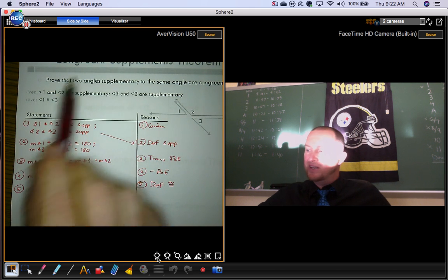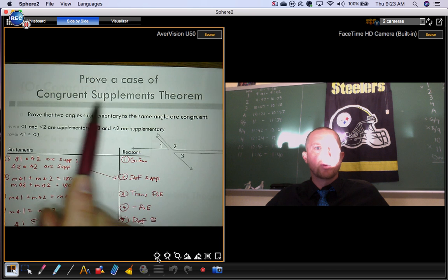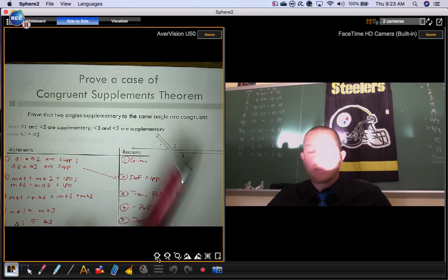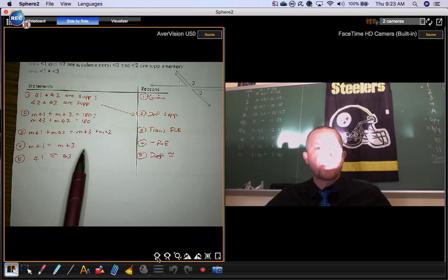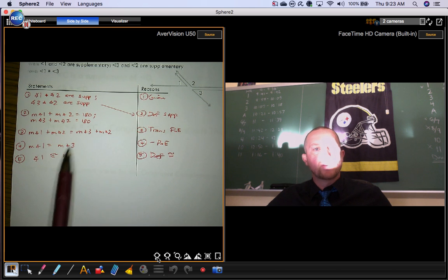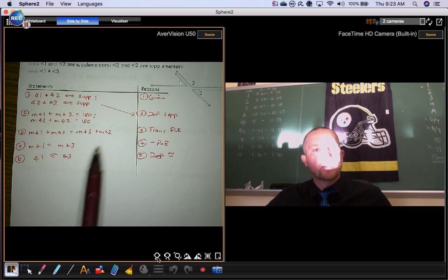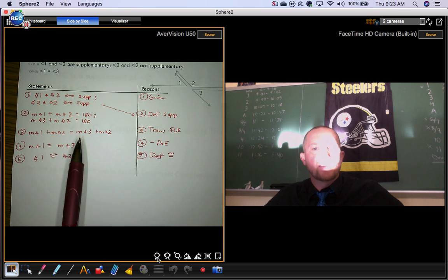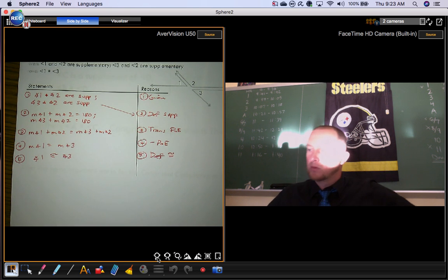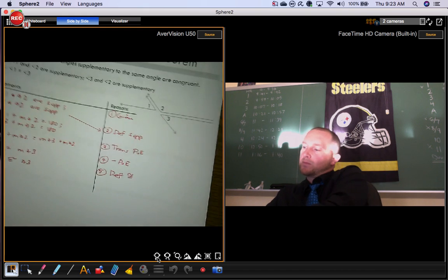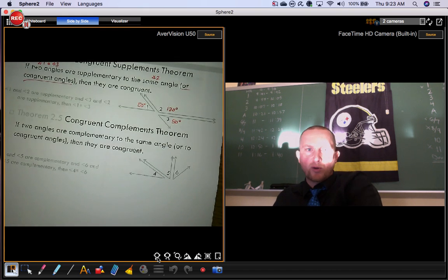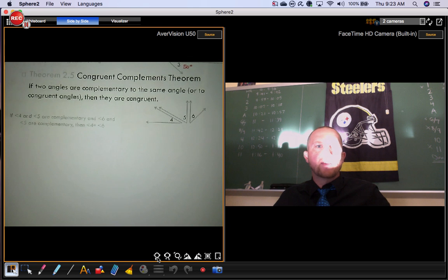The next time we need this theorem right here in a proof, all we have to state is this is true by the congruent supplements theorem because we proved it this one time. So this is where this saves you time. These 5 steps will be condensed into one step the next time we need this in a proof. Okay? So that's the congruent supplements theorem. That's theorem 2.4.